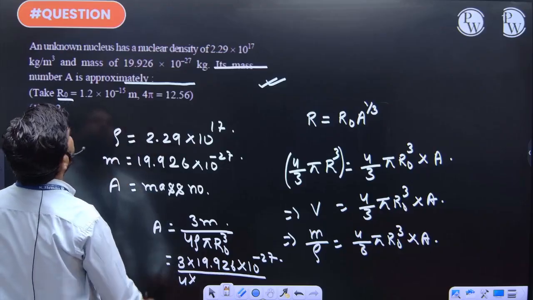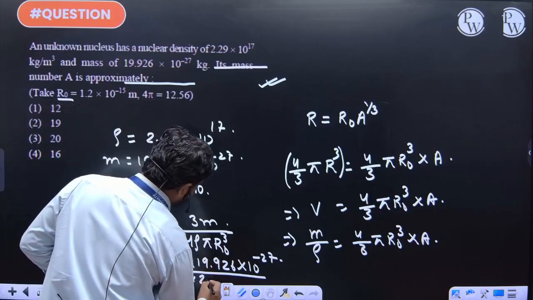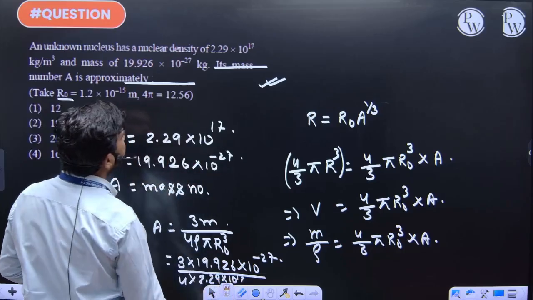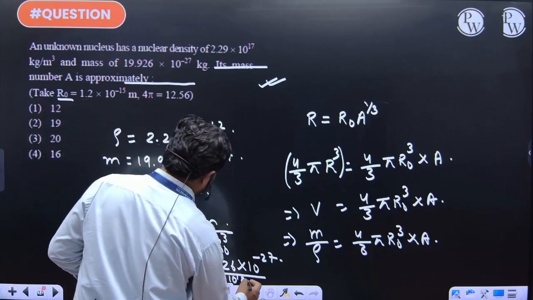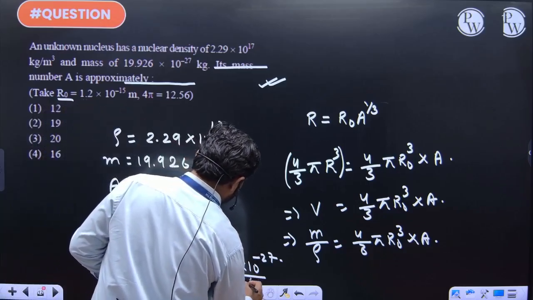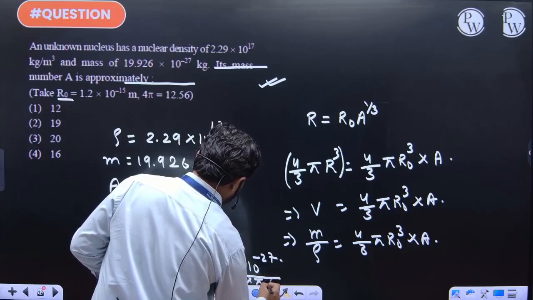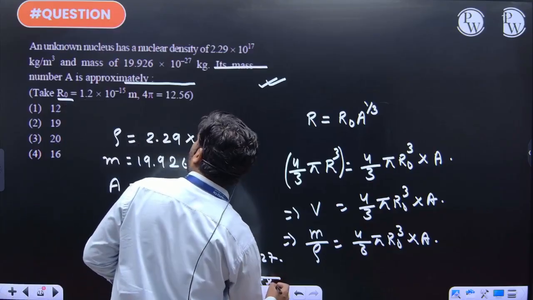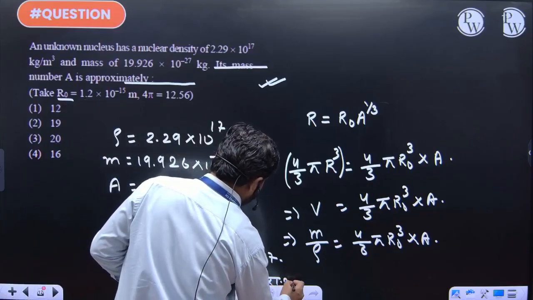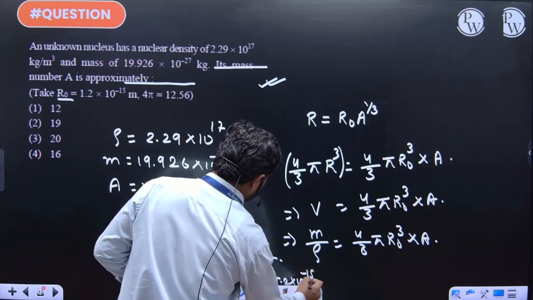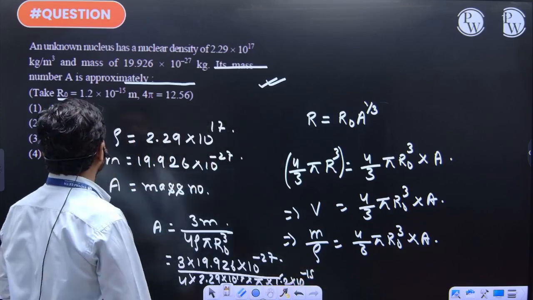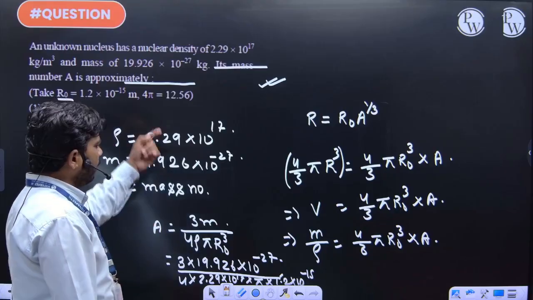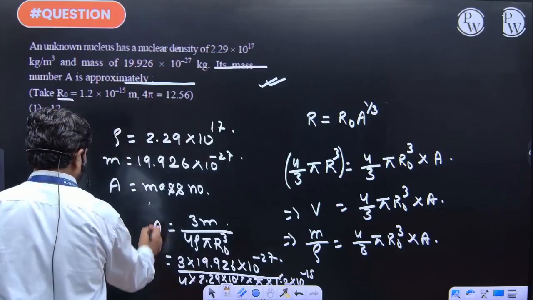Density is 2.29 into 10 to the power 17. Then next is pi, and then R naught cube. So R naught value is 1.2 into 10 to the power minus 15. So this is what we are getting, correct? The 4 pi value they have already given, so I'm doing it here.